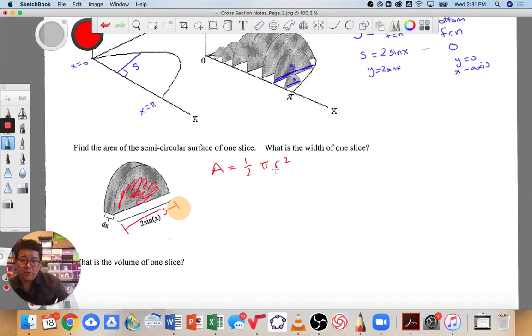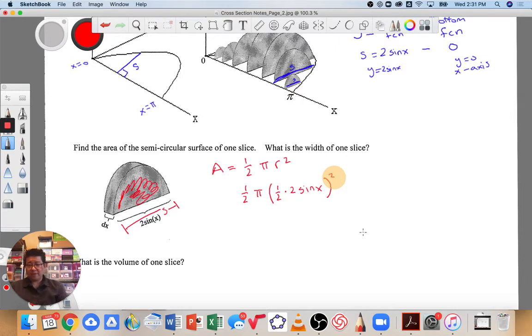So what we want is the radius. If this whole distance is 2 sine x, then the radius is half of that. So this would be 1/2 pi, and then what we put here is 1/2 of 2 sine x, close the parentheses, squared.